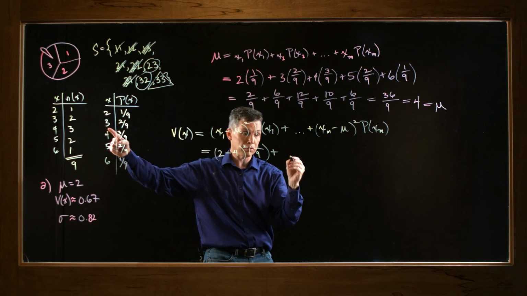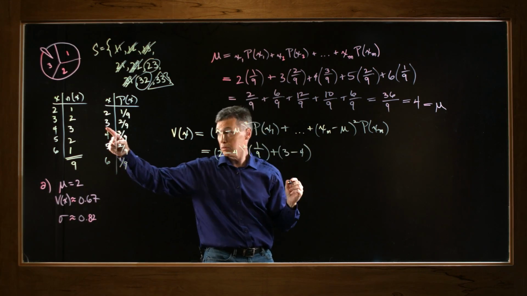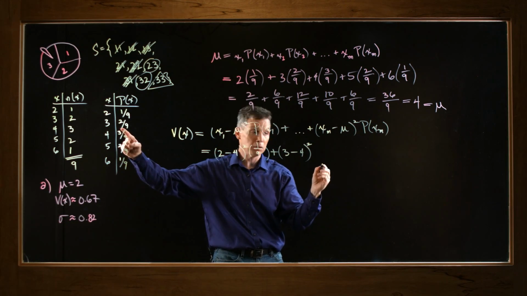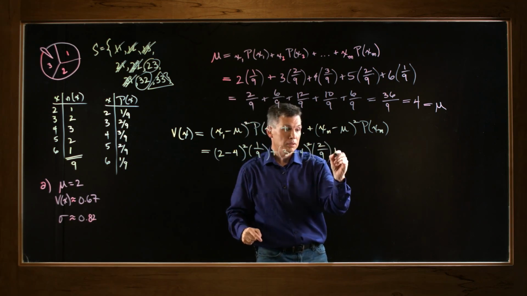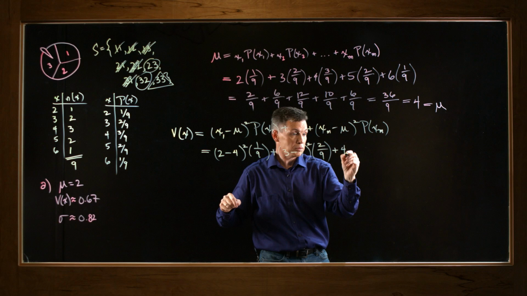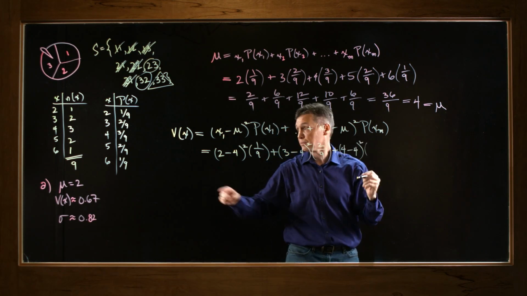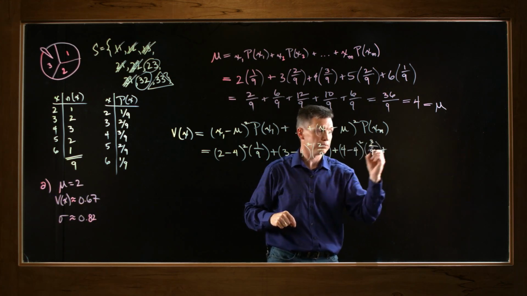I'm just going right down the different possibilities. The value of x, subtract the mean, squared, times that probability that corresponds to that value of x. Value of x, 4, minus the mean of 4 squared, times that probability.